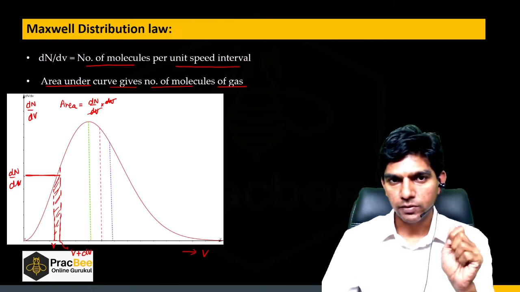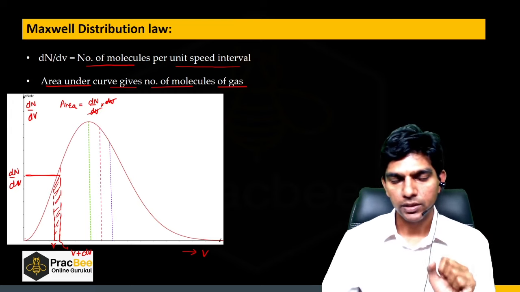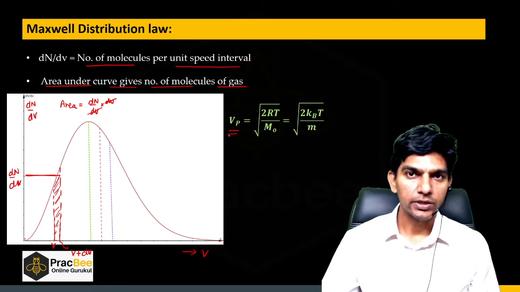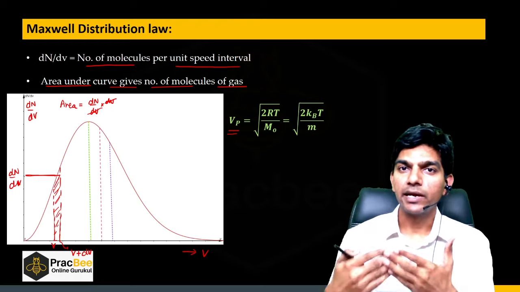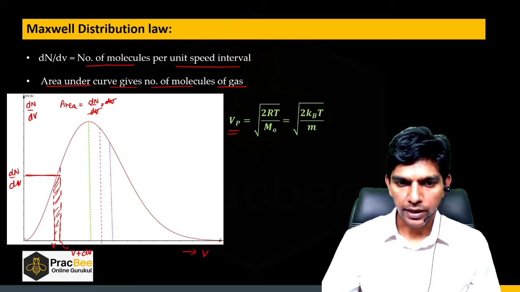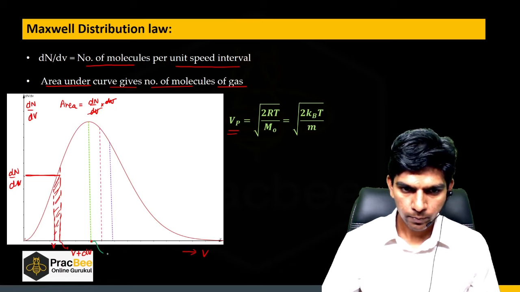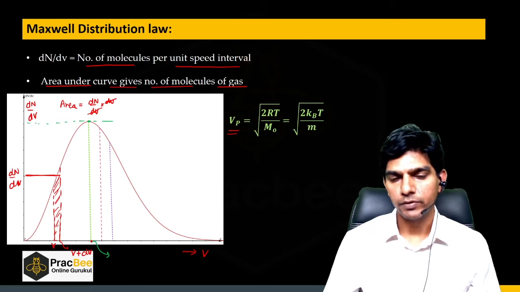Here Maxwell has defined three important speeds that can be possessed by the molecule. One is known as the most probable speed. What is most probable speed? It is the speed possessed by the maximum number of molecules. We can find this speed at the peak, where we have the maximum value of dn by dv.